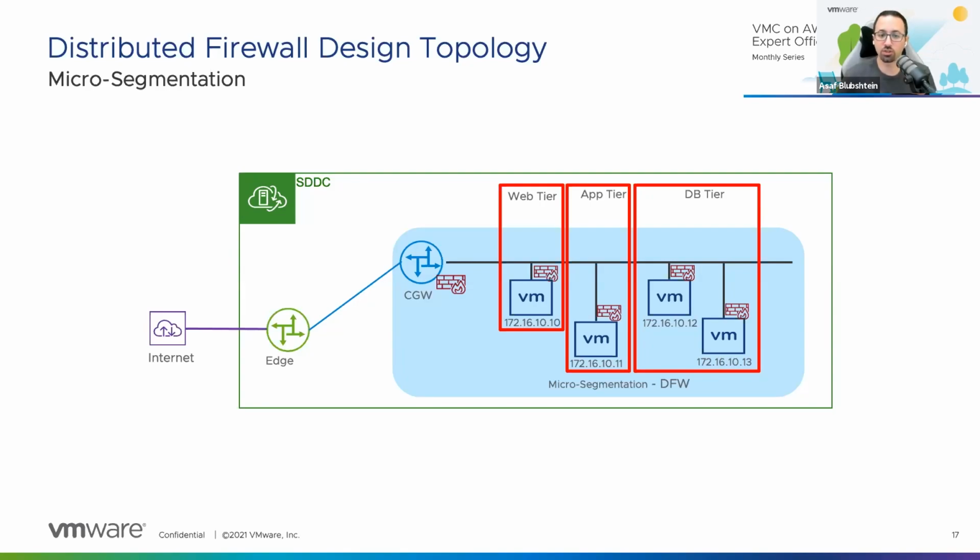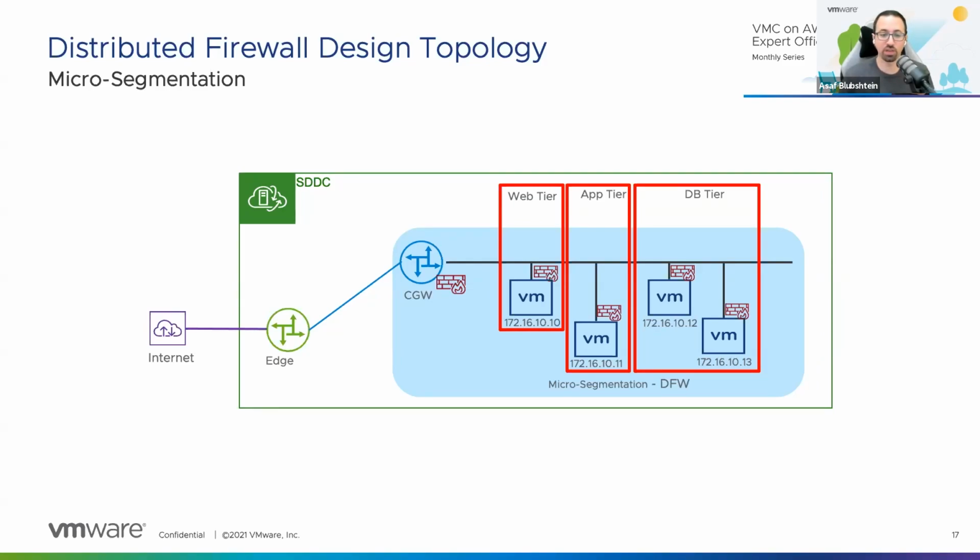So even though all the VMs are part of the same IP range, we can still segment within the same layer 2 domain, because we're not bound by layer 3, since we can place the firewall directly at the VM level.